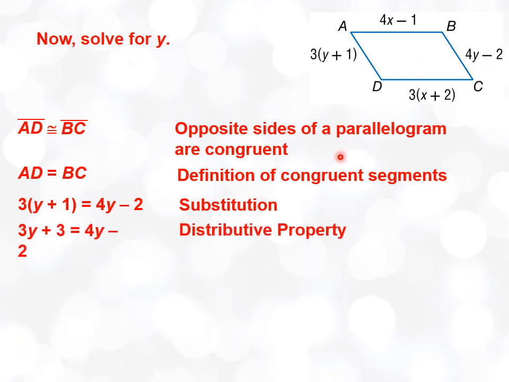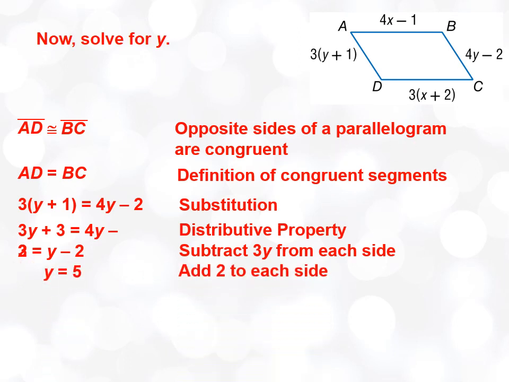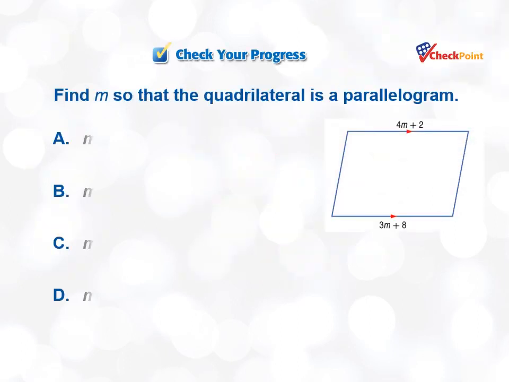We are distributing, so we can say 3y plus 3 equals 4y minus 2. At that moment you will get the value: y minus 2 equals... the 2 will go here to be 5, right? So y equals 5.